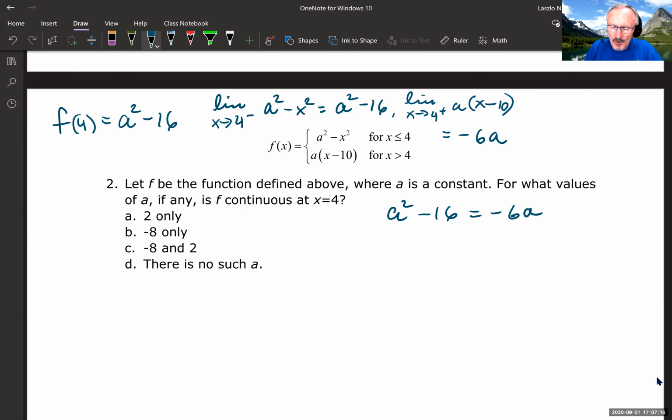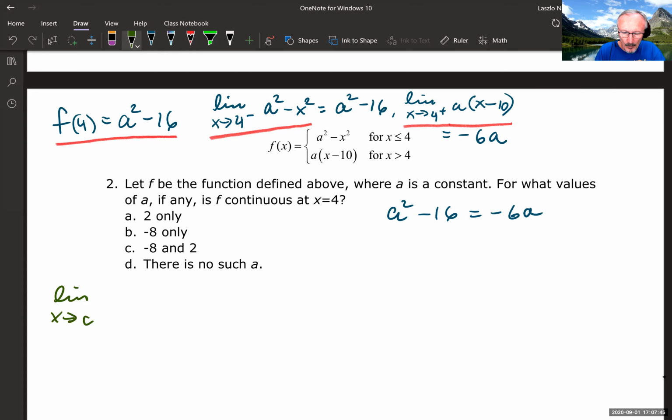And folks, we do need to use the notation with appropriate limits, like you see here. This is essential in order to get credit. This is a calculus class. And then one thing that we tend to forget as students is also we need to make sure that we evaluate the function at that point. After all, the definition of continuity at a point is the limit as x approaches c of f of x is equal to f of c.